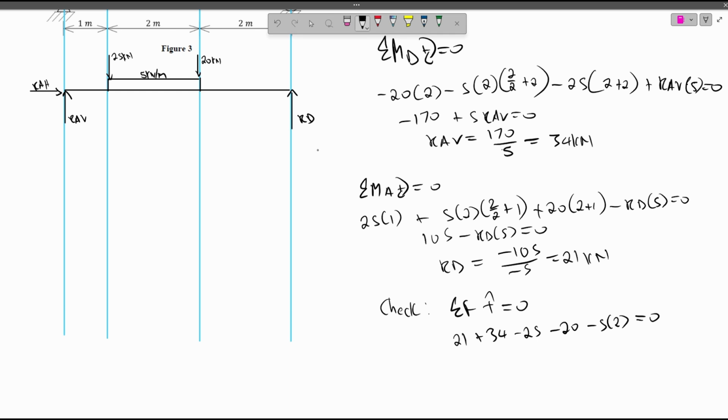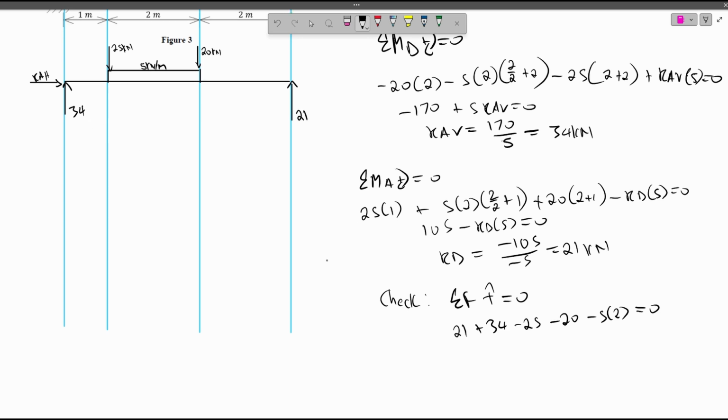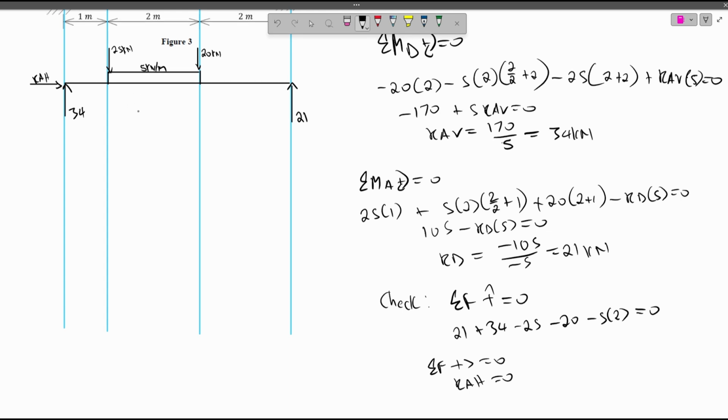Our RD is 21. Our RAV is 34. You can take sum of forces horizontal is 0. And then we have our RAH is equal to 0, since we don't have any other horizontal force.